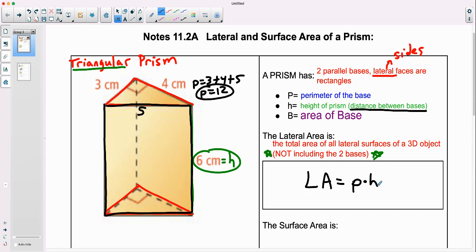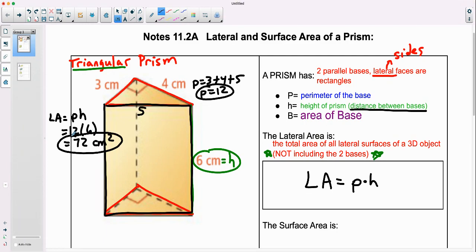It's kind of adding up all the way around for you and multiplying by the height. This gives you the area of all the rectangles. So this triangular prism has a lateral area of PH, which is 12 times 6, which is 72 square centimeters. Okay, so that would be the lateral area.